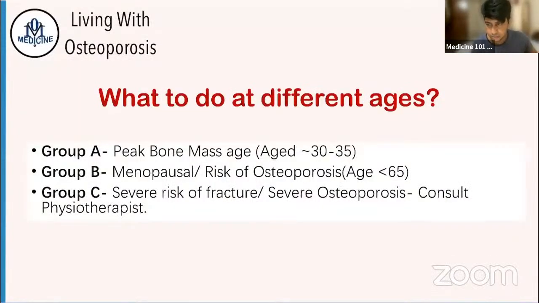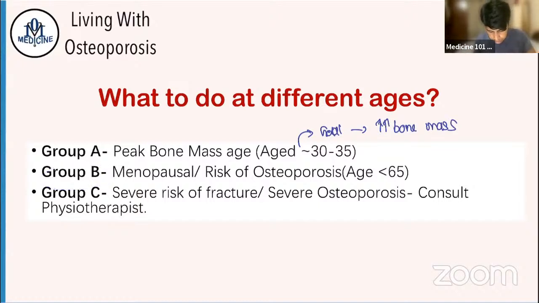What can you do at different ages? What are the exercises that you can do at different ages? If you are before menopause, if you are young, your goal is to increase bone mass. There are certain exercises. If you are under the age of 65 and osteoporotic, or after menopause, then this is my own classification.